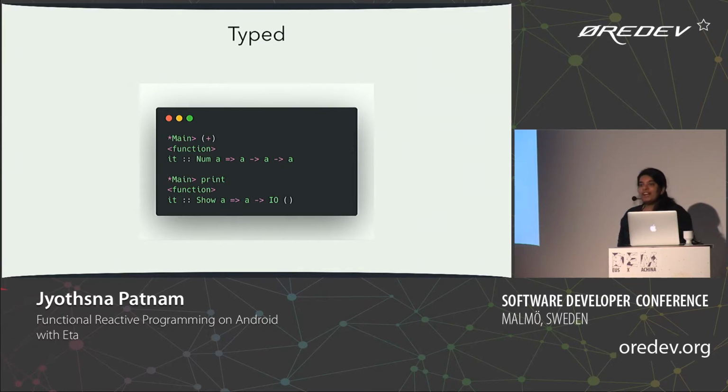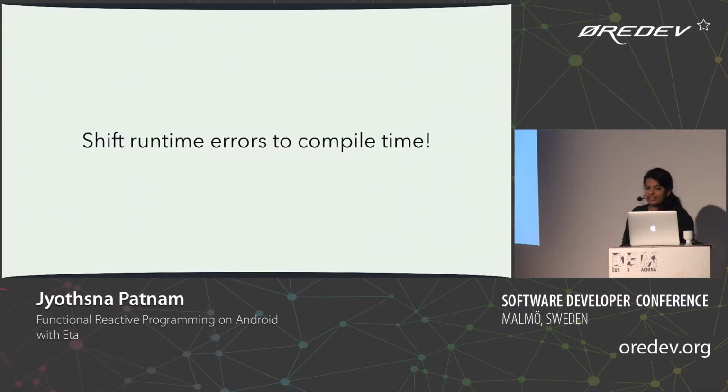If your compiler understands you, it will help you prevent several classes of bugs at compile time itself. So the main benefit with types is they let you shift runtime errors to compile time, which is incredibly useful, especially when you're iterating fast on your applications.